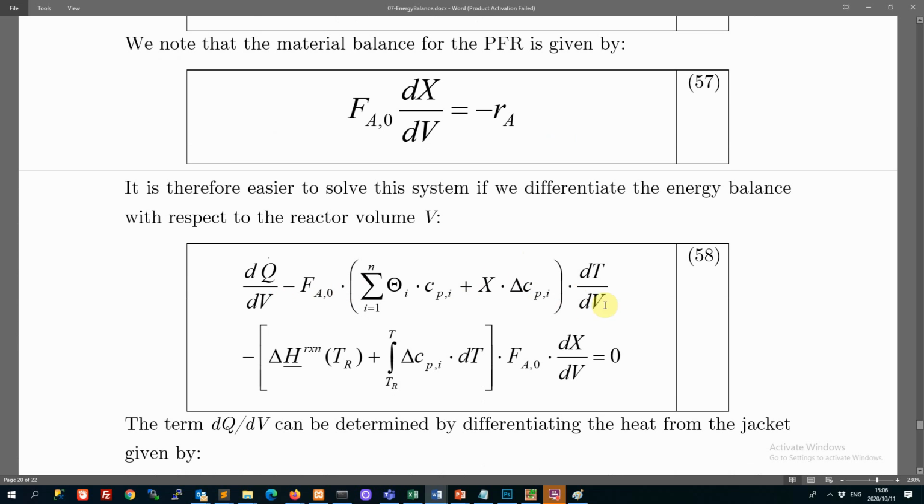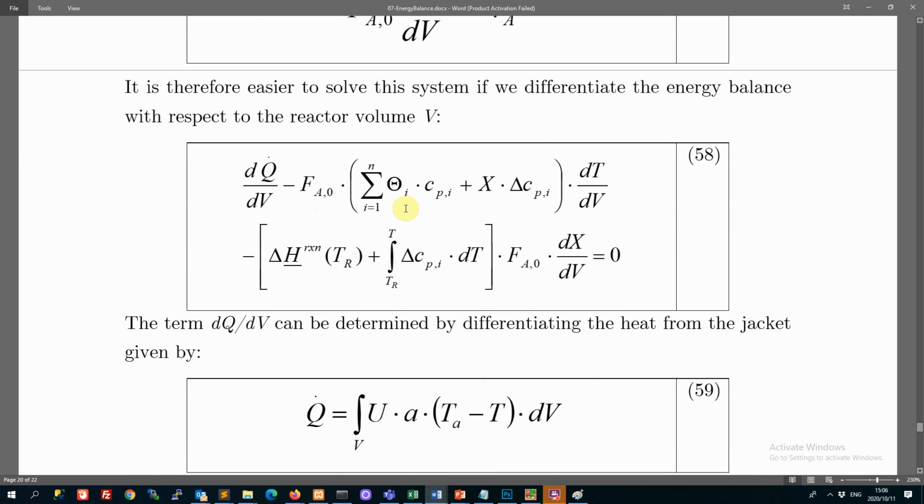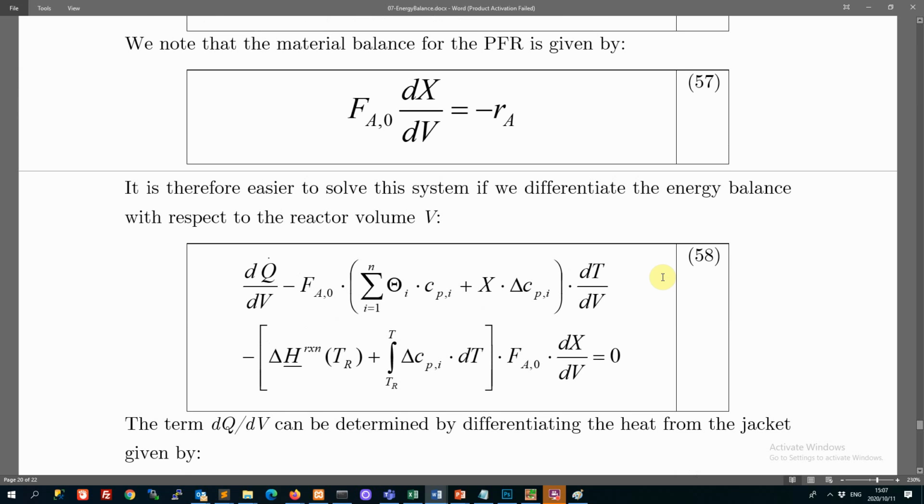Right, so that's just from differentiation, and then like we said, you've got that other factor with the dx dv there. So you've got all of this, and now you've got dx dv here. So you've got your material balance. So you can say dx dv is just minus ra over fa naught, and you can substitute that here.